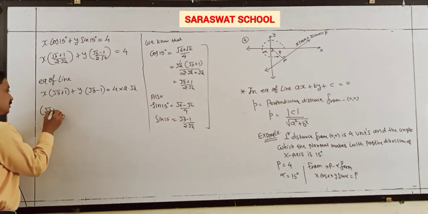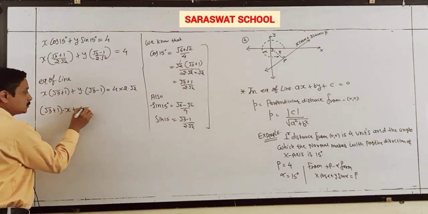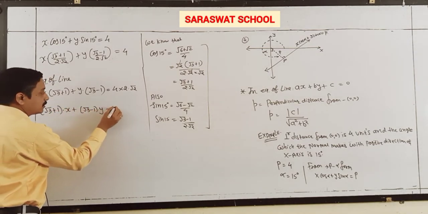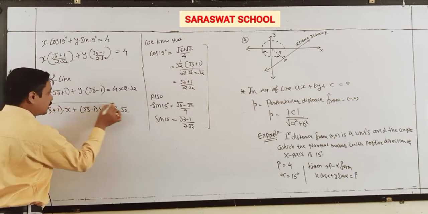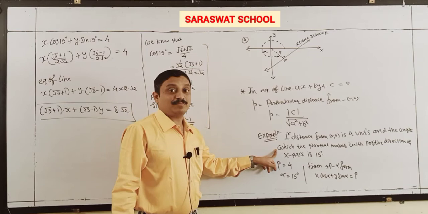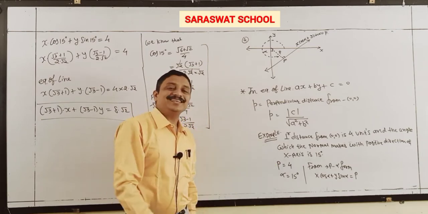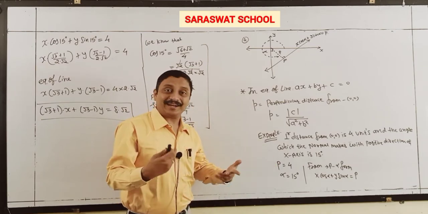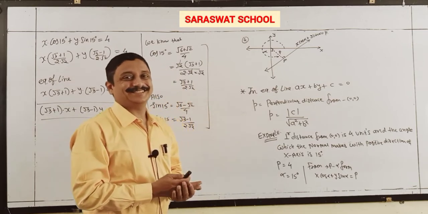So root 3 plus 1 x plus root 3 minus 1 y is equal to 8 root 2. And here students, this equation of the line in P alpha form is easily and happily done.